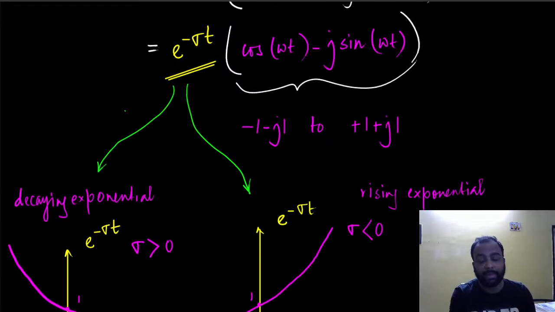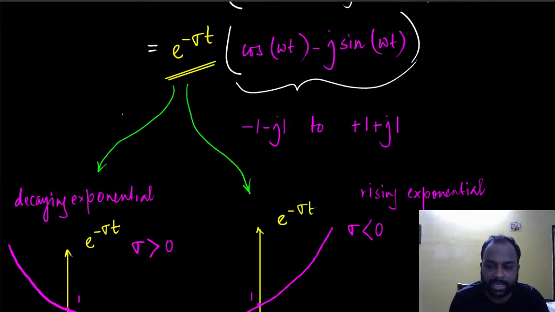And sigma cannot be 0, because if sigma is 0, then we are talking about the Fourier transform, and the Laplace transform and Fourier transform would become identical to each other.